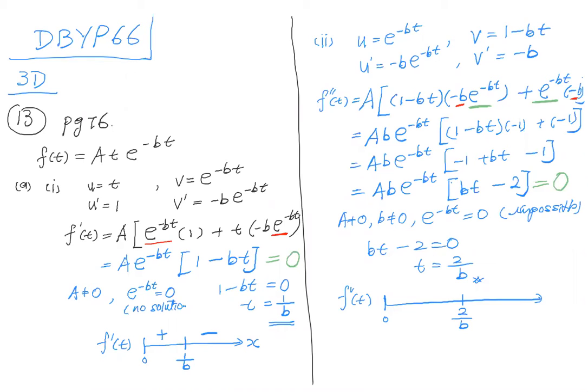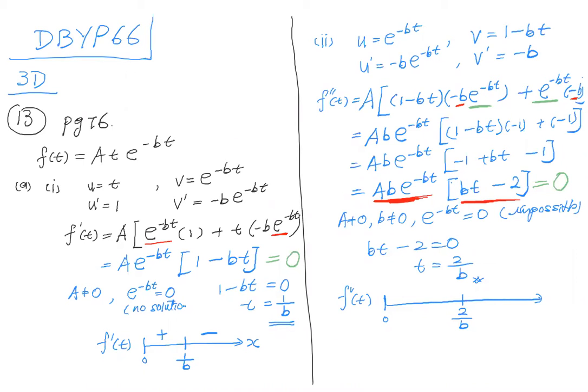Everything here is positive. Am I right? Everything there is positive, because they say a greater than 0, b also greater than 0, correct? So everything is positive there, the one that I underline in red. So whether it's positive or not is controlled by this one.